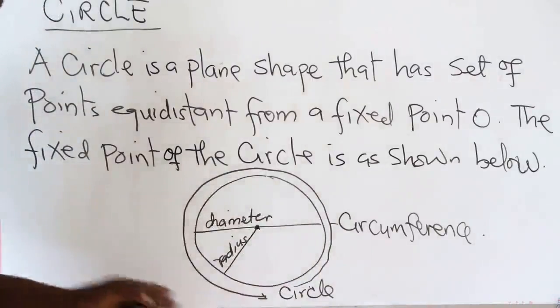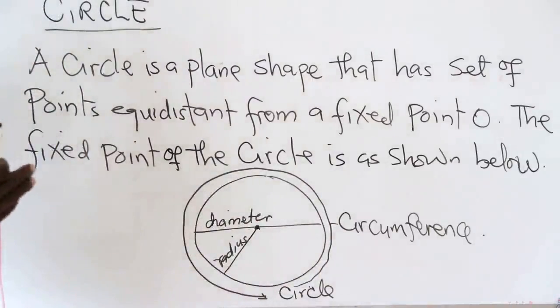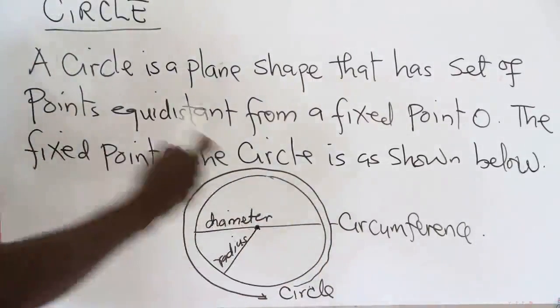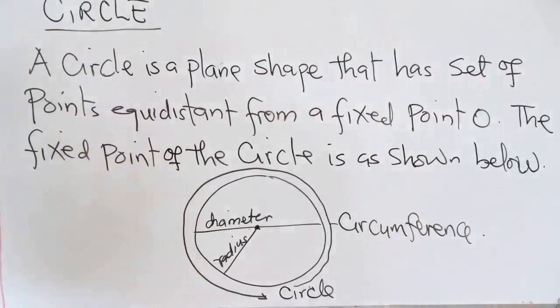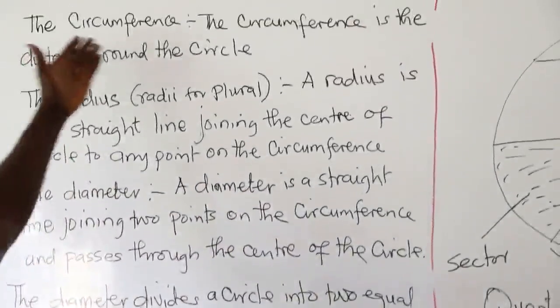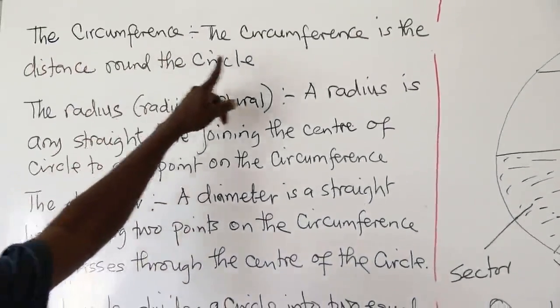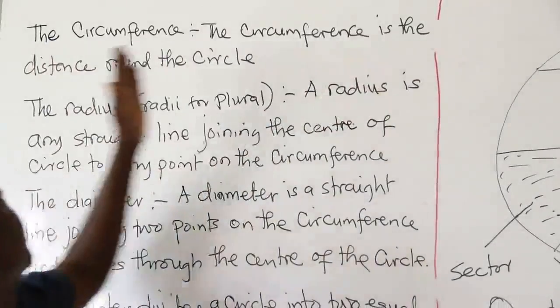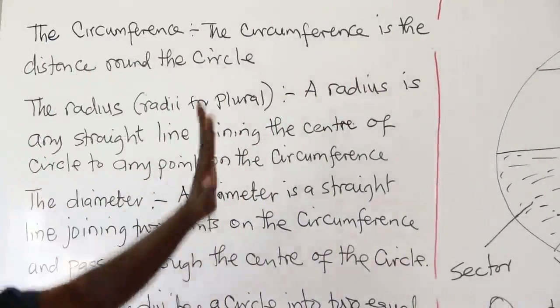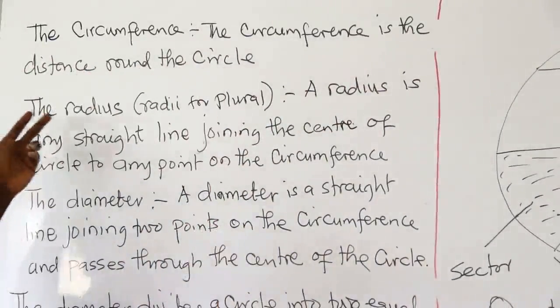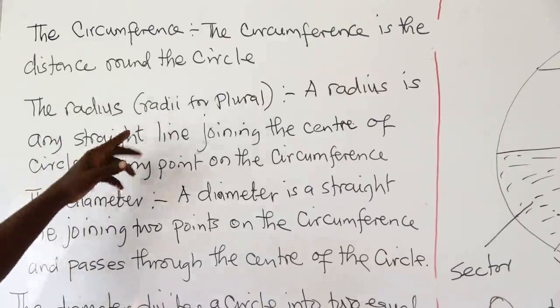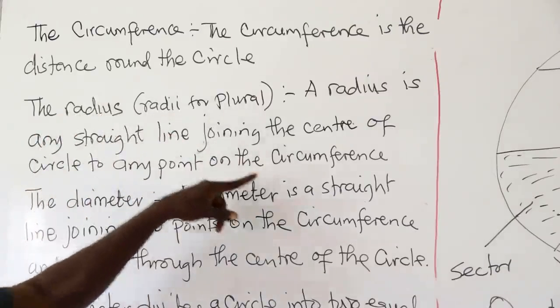And whatever you have as the shape is called the circle. The circumference is the distance around the circle. The radius, and the plural is radii.